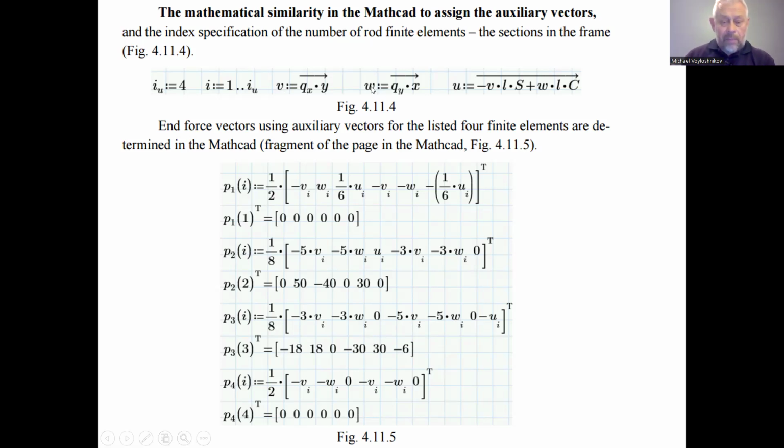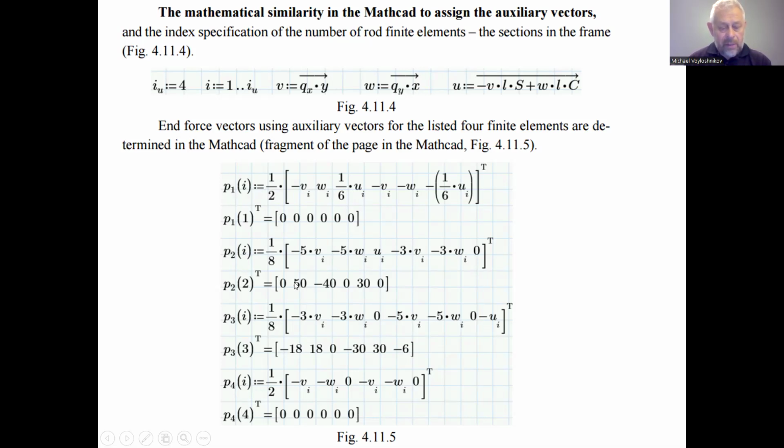The second simplification is assigning to the designation symbol w, assigned with shift columns, the product of the horizontal component of the distributed load by the vertical component of the length of the definite one finite element, and we as well assign the vectorization within the definition of the vectors of the end reactions.